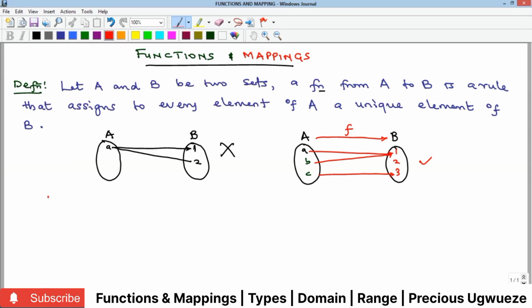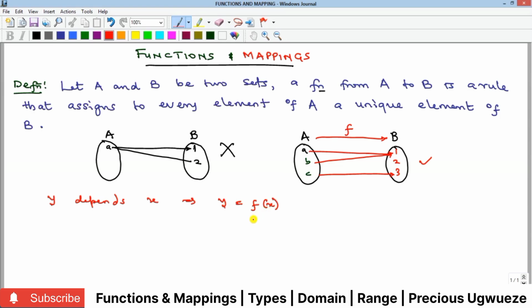For example, if y depends on x, we say that y is a function of x. And we can write this in this form, y is a function of x.